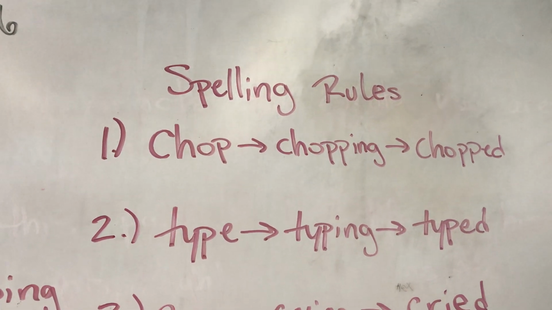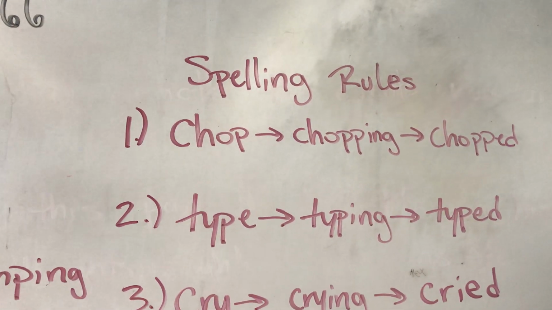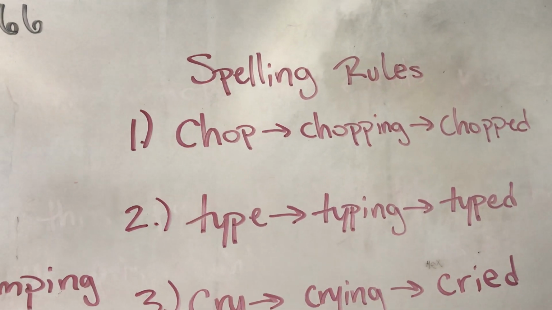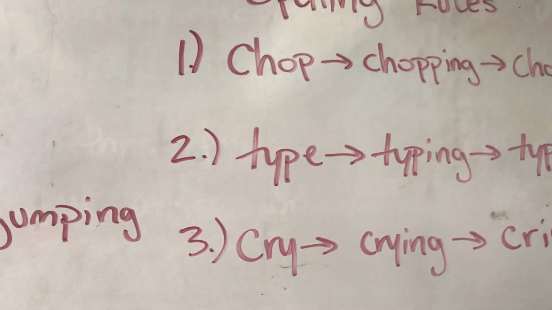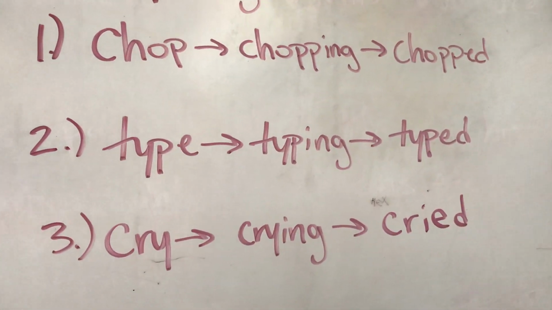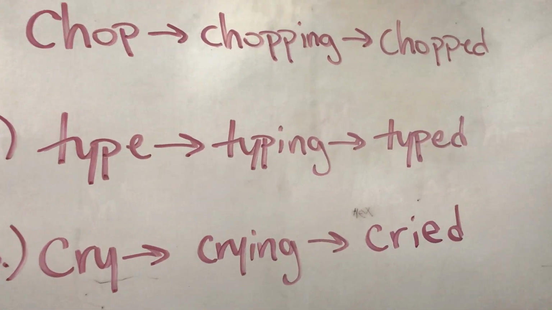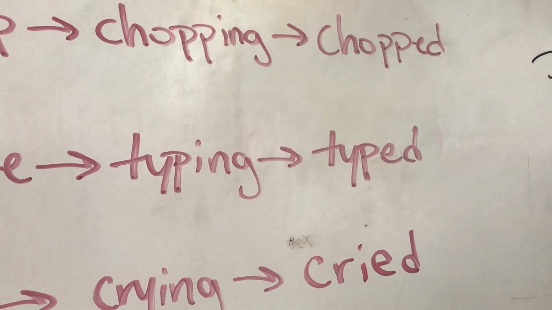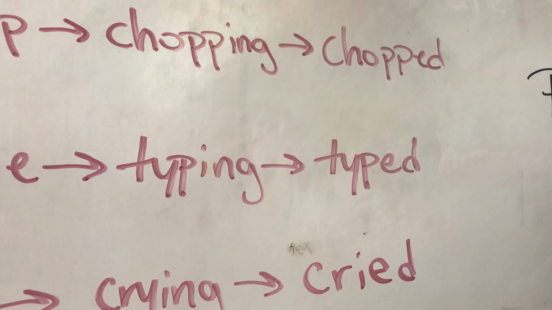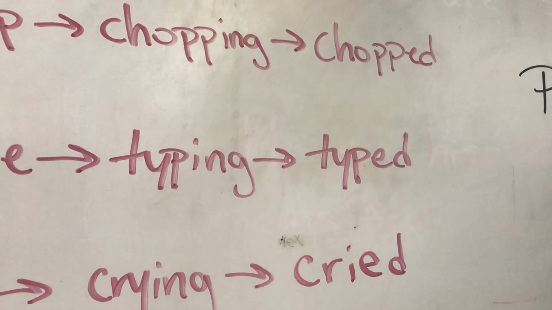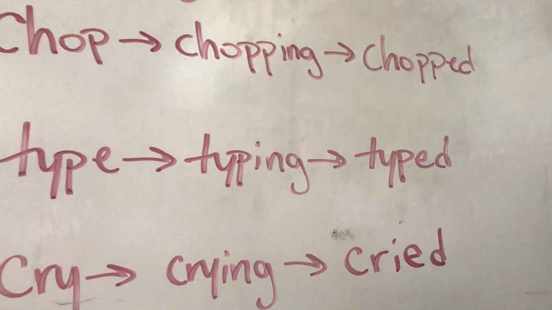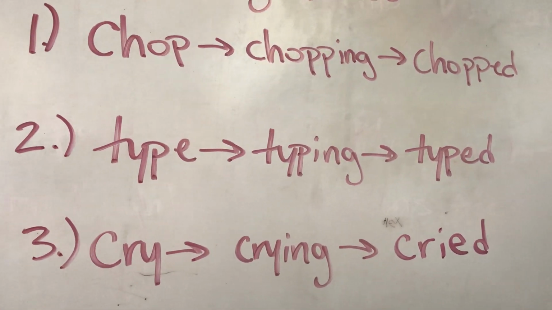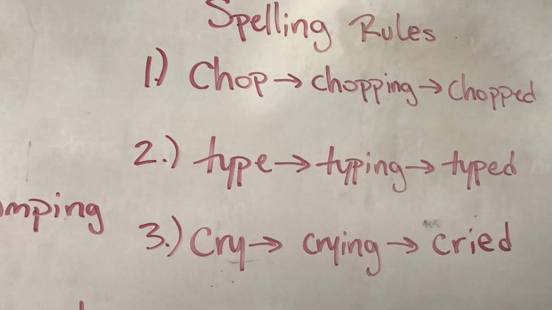So for number 2, this rule refers to verbs ending with E. So the rule is to drop the E before adding ed or ing. So we have type, going to typing, we drop the E. And then for the past participle, we would use ed. So we're dropping the E, but we're adding back ed. If you want to make it a little bit simpler in your mind, you can just say we're adding a D. But the result is still the same.